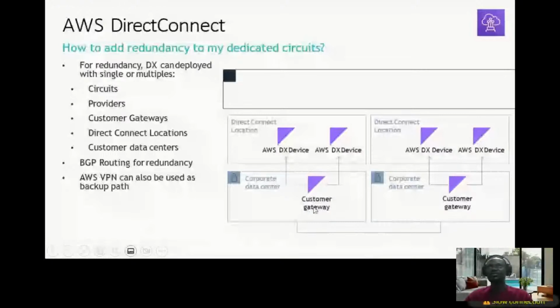Just as we have in a normal cloud, public subnet and private subnet, we also have the 1A and 1B, they have the private virtual interface. Then we also have the public interface, which also enables public AWS services, your own environment.